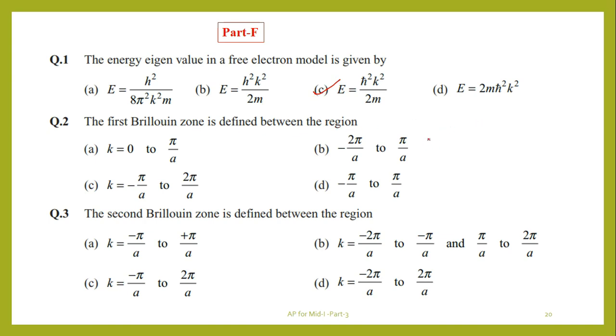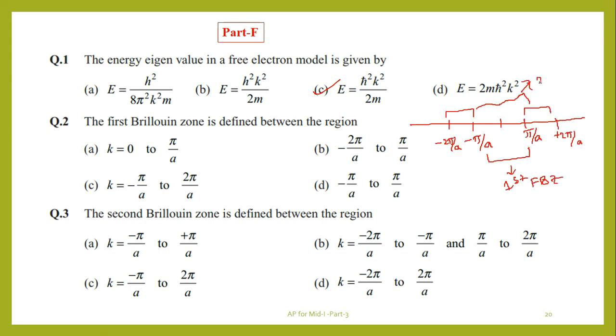The first Brillouin zone is defined between minus pi by a and plus pi by a in one dimension. The second Brillouin zone contains two parts: minus 2 pi by a to minus pi by a, and pi by a to 2 pi by a.